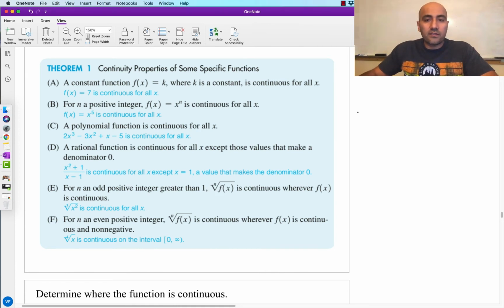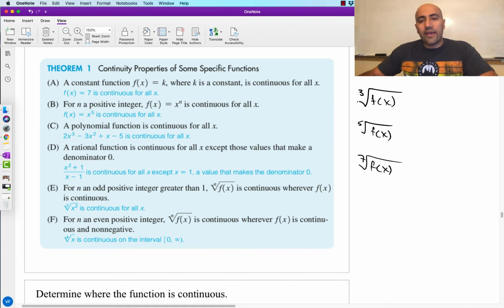For instance, if we're looking at the cube root of f of x, or the 5th root of f of x, or the 7th root of f of x. So if we have an odd positive counting number there, then this is saying that the whole result will be continuous whenever the part inside, the f of x, is continuous.